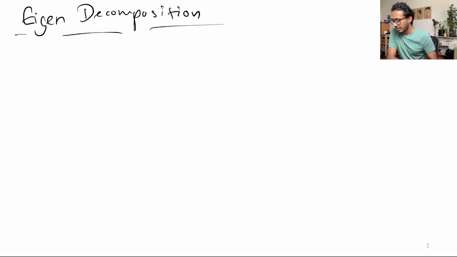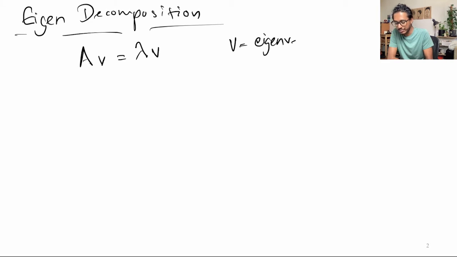Take a matrix A. If we can find a vector v and a constant lambda such that Av is equal to lambda v, we call v eigenvectors, and lambda we call eigenvalues.